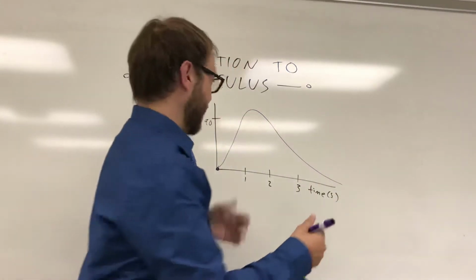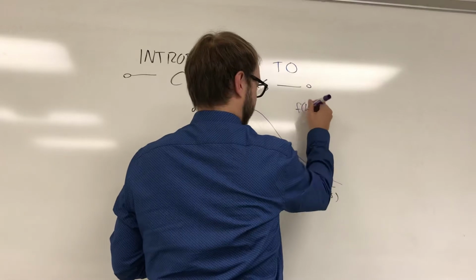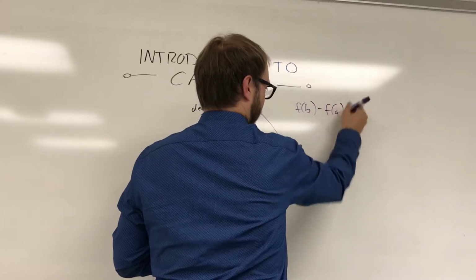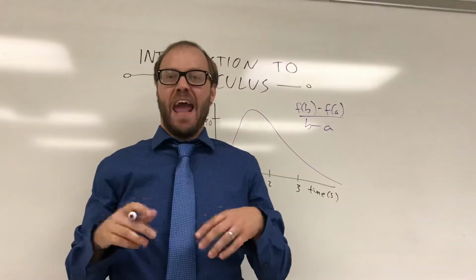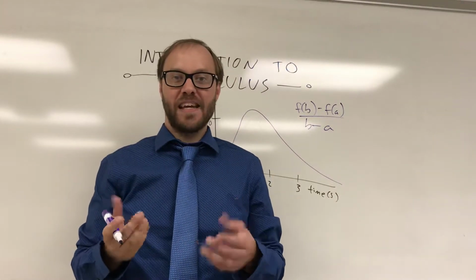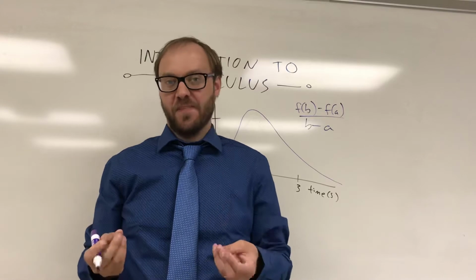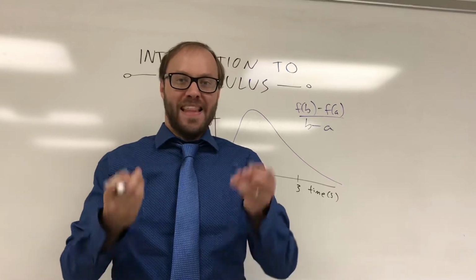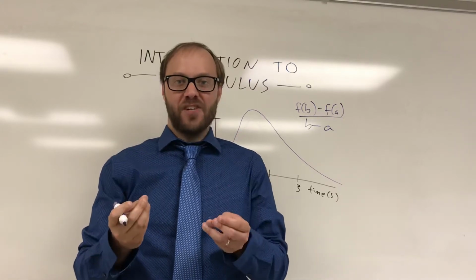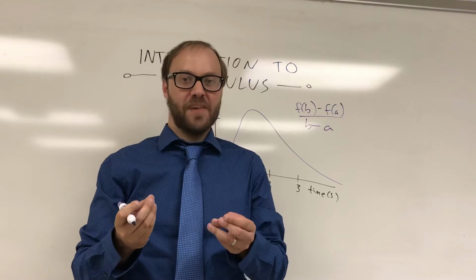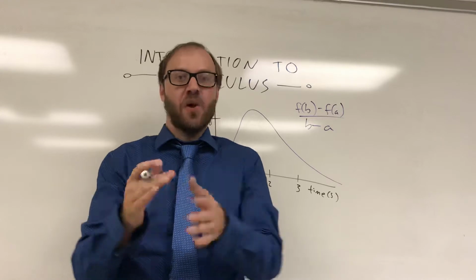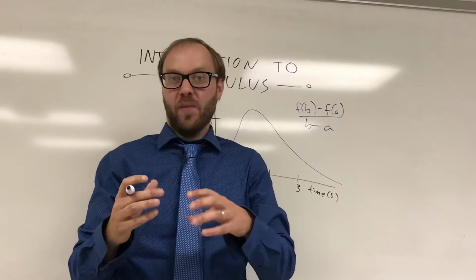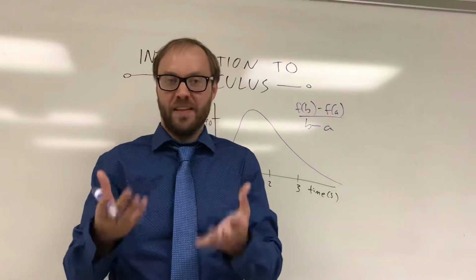Technically, the average rate of change is f of b minus f of a all over b minus a. But he's going to be having you use the average rate of change to estimate the rate of change at an instant. Okay, if you remember, the instantaneous rate of change is how fast something is moving at a split second in time. How many degrees per second was the door opening maybe when we were 2 seconds into the door opening, something like that.